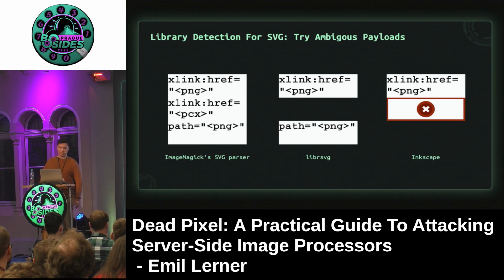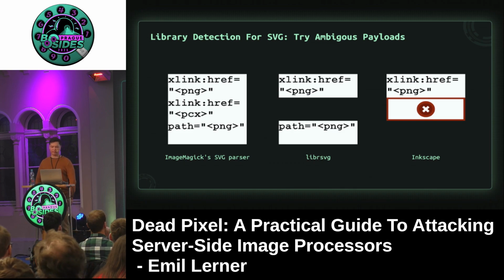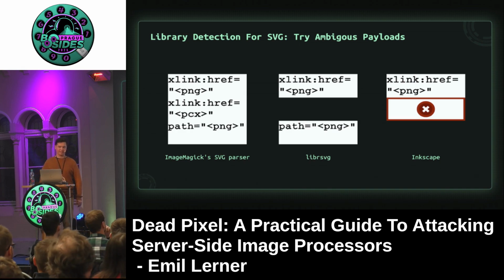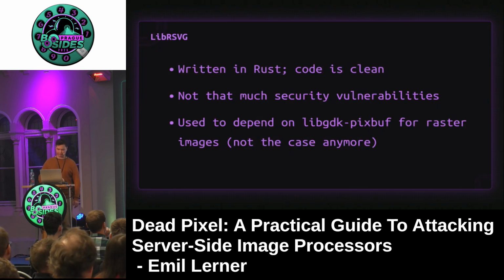And we will see that different libraries convert this image differently. ImageMagick's parser is most permissive. It would allow everything. librsvg would ignore the unknown format. And Inkscape, which is another popular server-side conversion library, would draw this red X, which is pretty unique to Inkscape.